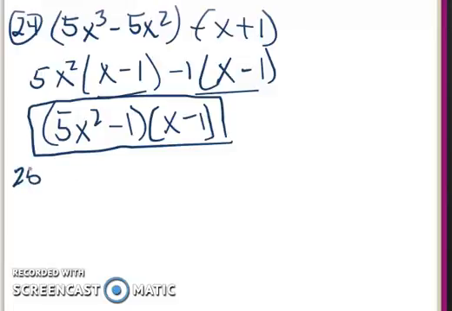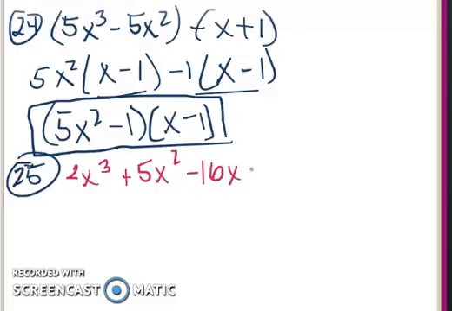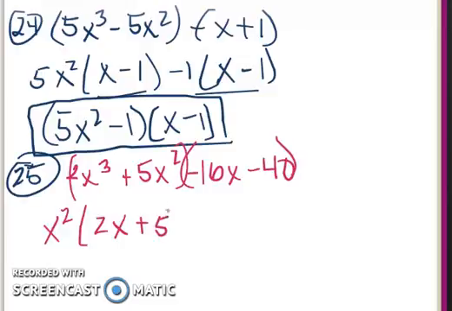And 25. Same page. Let's see if we can get it to fit onto this page. Another factor by grouping. 2x to the third plus 5x squared minus 16x minus 40. Factor by grouping. Pull out 2, 5. Can't pull them out, but we can pull out an x squared. Leaves us with 2x plus 5.